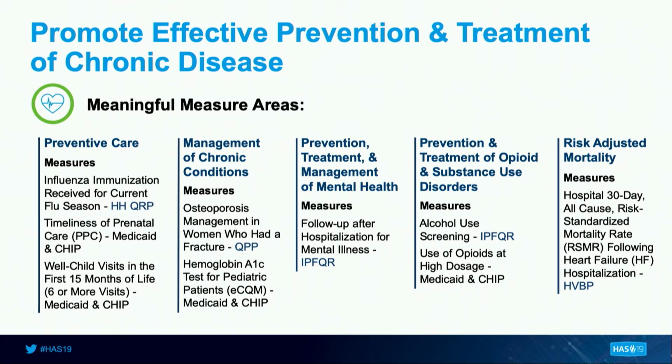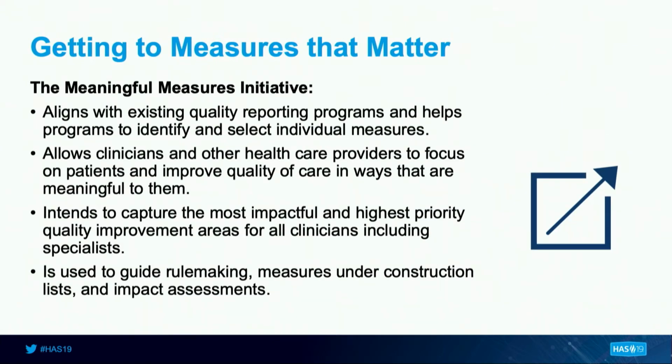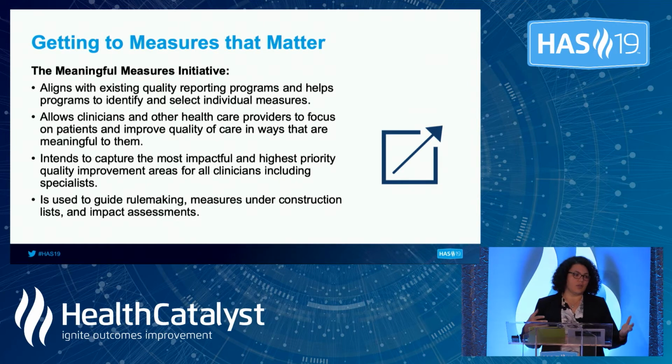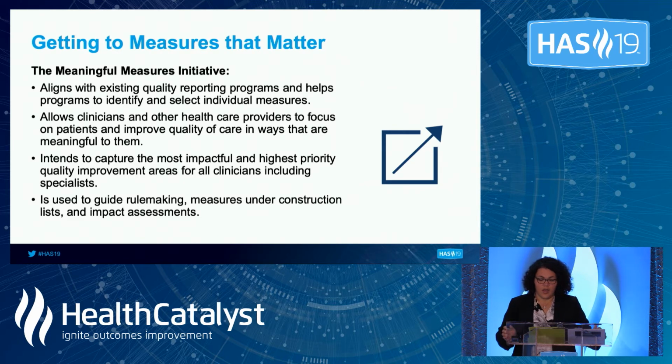And so by having the meaningful measures objectives as a guide, really employing the key levers that I talked about earlier, and then using the framework as a compass for our measure removal, our measure evaluation, and when we are looking to create new measures, we're really hoping that we are aligning with and working to align existing quality measure programs, as well as across payers.